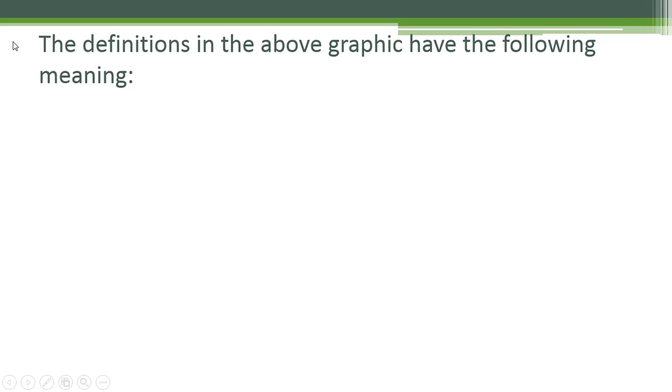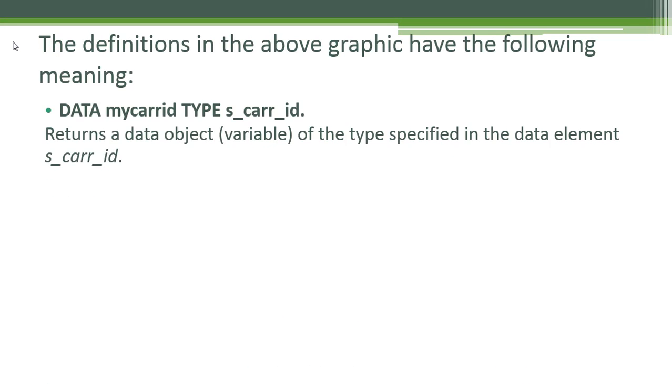The definitions of the previous graphic have the following meaning. The first one, the variable declared myCarrid type s_carr_id, returns a data object or variable of the type specified in the data element s_carr_id.